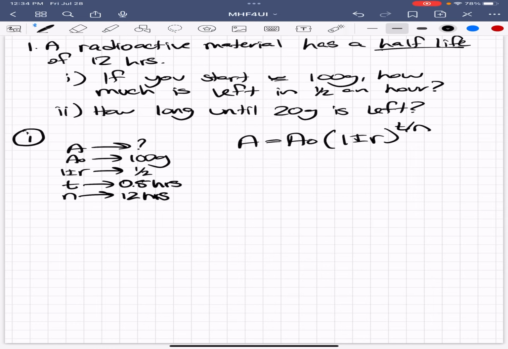I always like to write the formula to begin with, and then we can start plugging in numbers. So it's 0.0416666667.